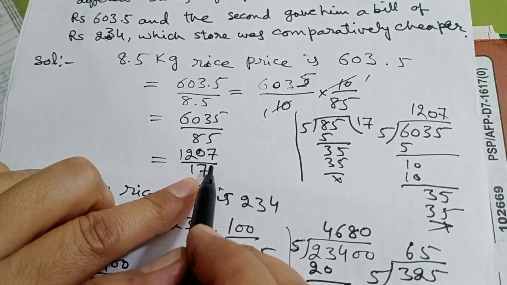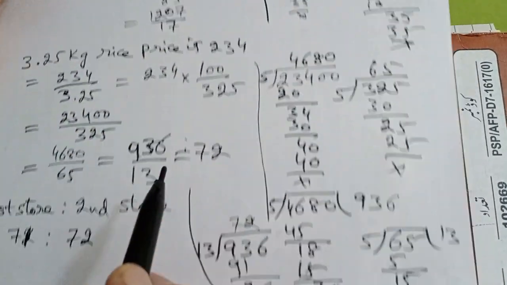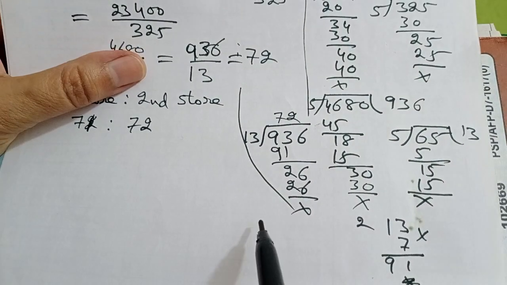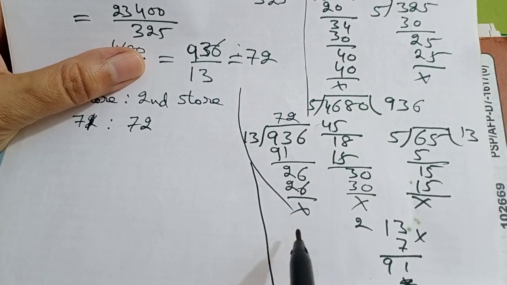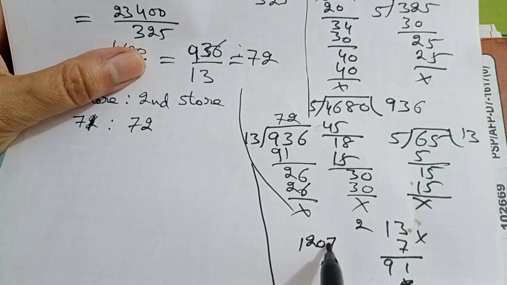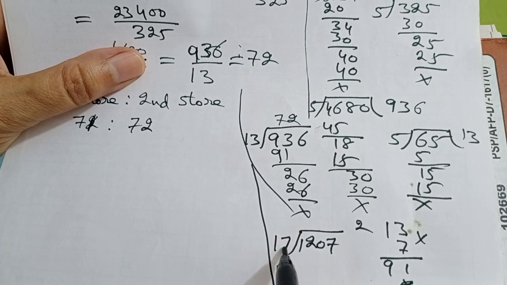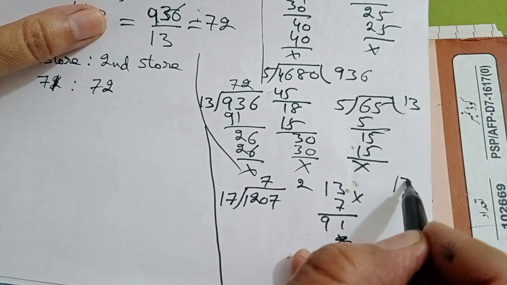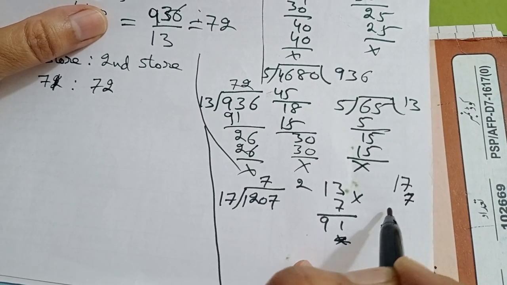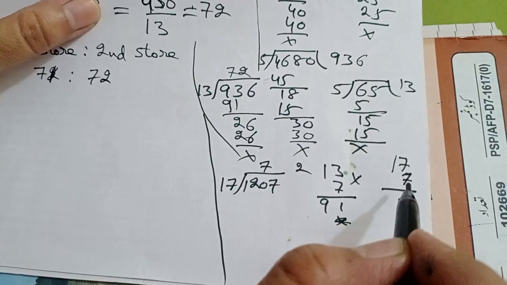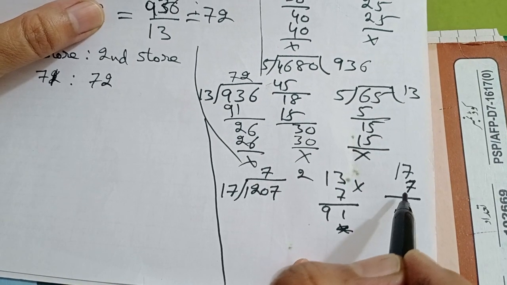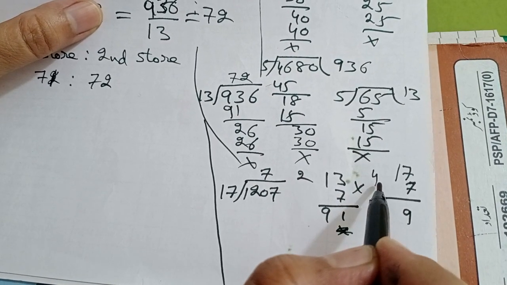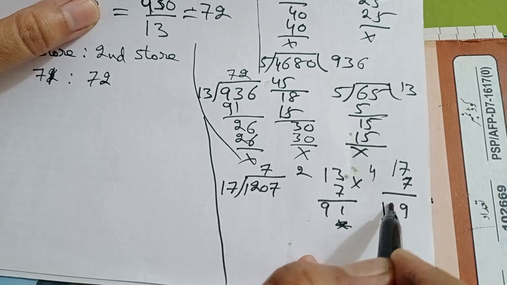We divide this 1207 by 17. 17 multiplied by 7, 49. 7 ones are 7. 8 9 10 11.